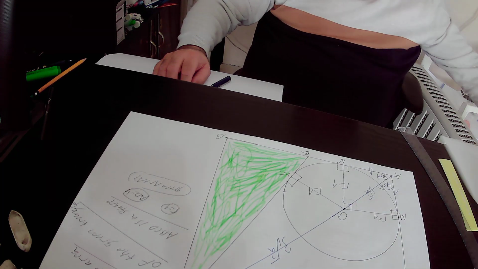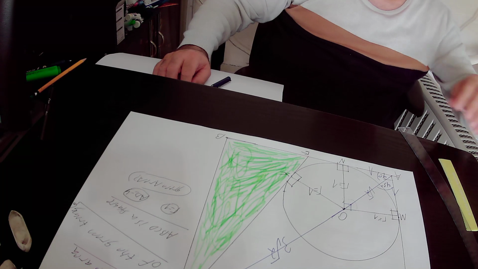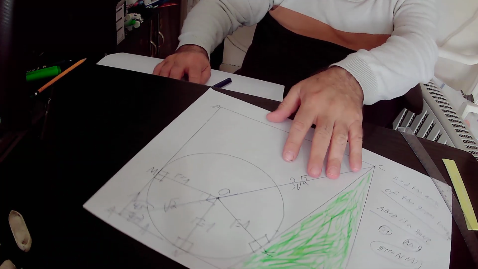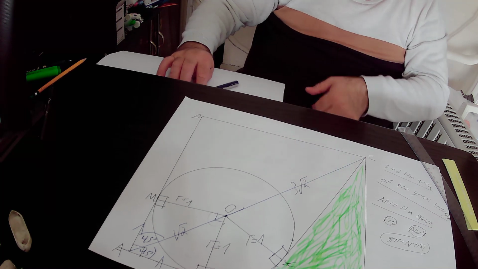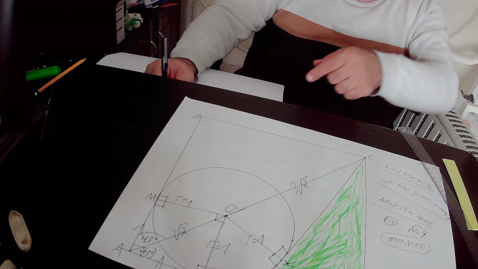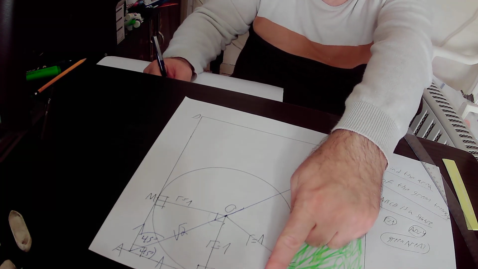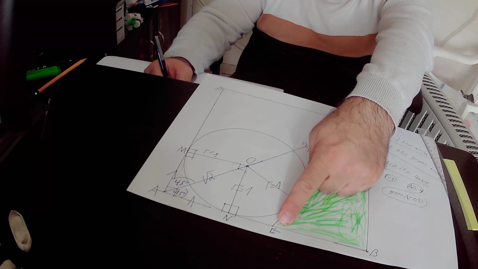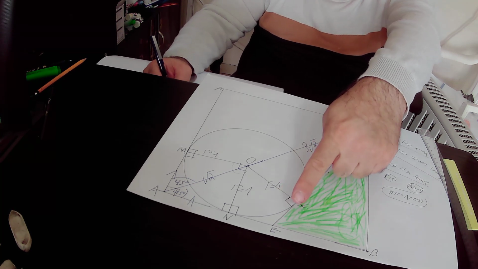And we can actually implement rule number 8 in our drawing, because in our drawing we have the external point, point E. This point, point E, is an external point to this circle. Why?